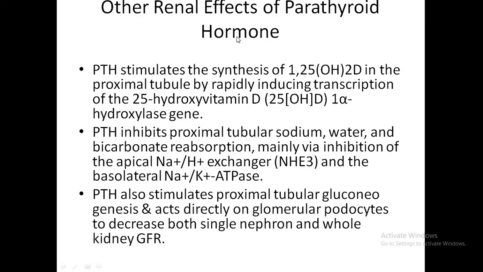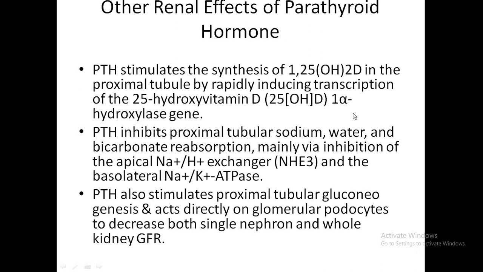The other renal effects of parathyroid hormone are: it stimulates the synthesis of 1,25 hydroxy vitamin D in the proximal tubule by rapidly inducing transcription of the 25 hydroxy vitamin D 1 alpha hydroxylase genes.